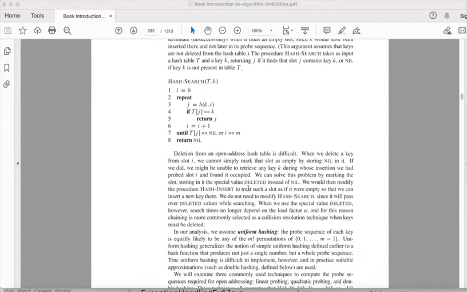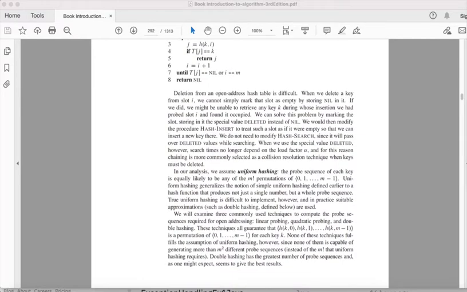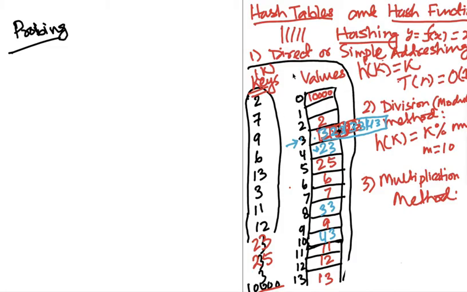Actually the previous two are closed addressing. So this is open addressing.